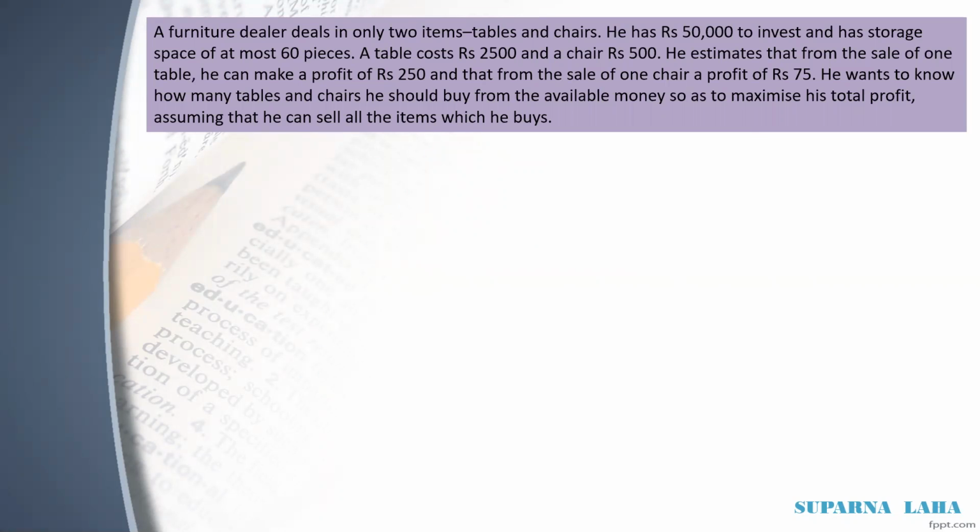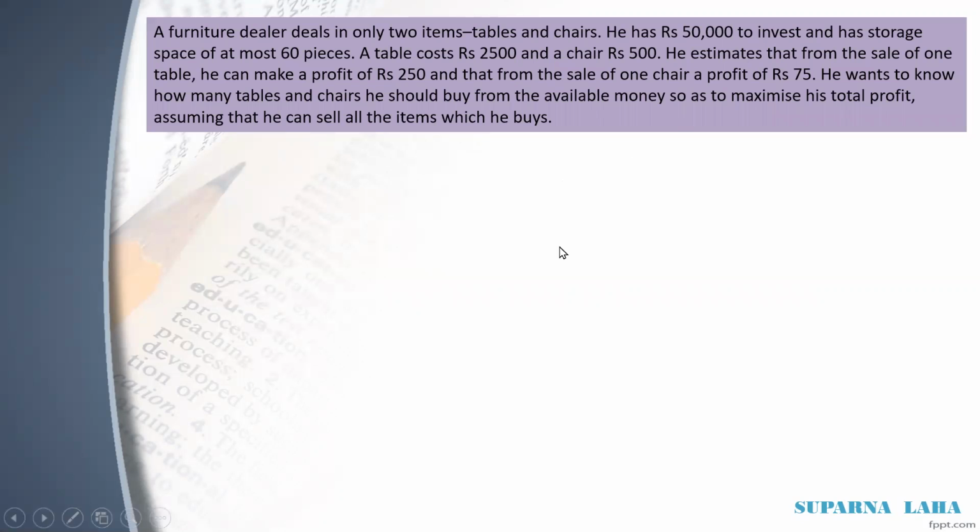Now he can buy 60 tables, or 60 chairs, or 30 chairs and 30 tables, or 10 chairs and 50 tables. So like that, so many combinations we can make, right? Now, in which case he can make the maximum profit, we need to find.